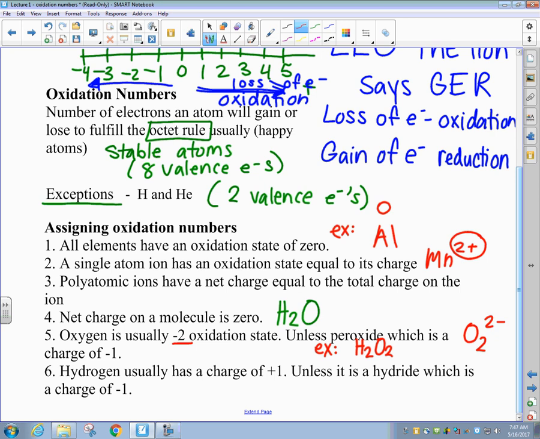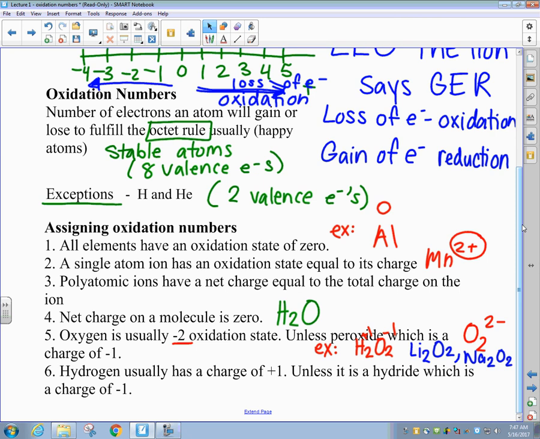We know the oxidation state of hydrogen is typically +1, and therefore if I have 2 +1 charges, oxygen's charge must be -1 in order to balance out and have a net charge of 0 on the molecule. Another example of that would be lithium peroxide or sodium peroxide, or again, any alkali metal combined with oxygen in a 2-to-2 ratio.